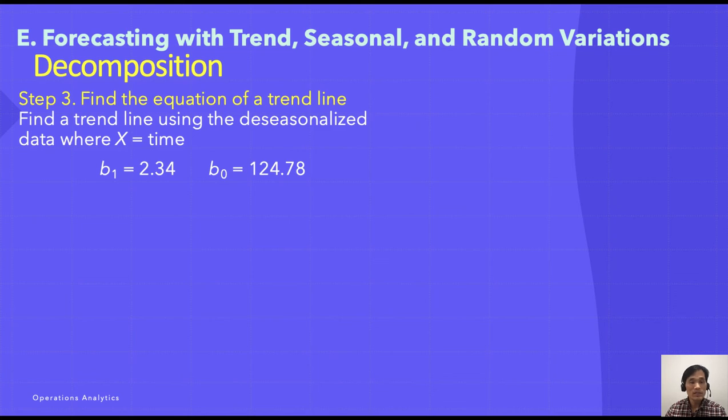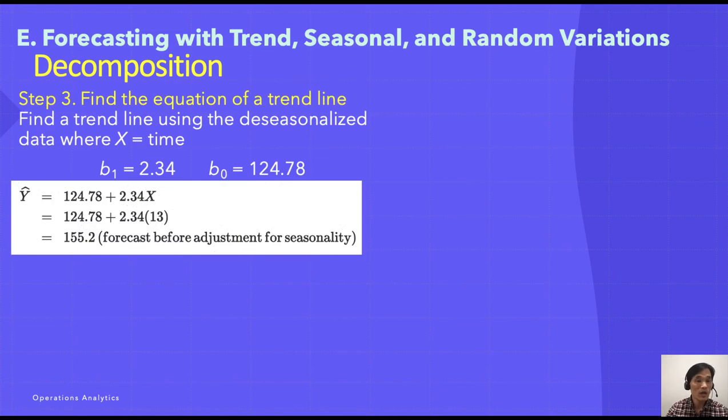So let's find the trend line, and in this case, if you use Excel, you can easily find the slope and the intercept, and that is given as 2.34 and 124.78.